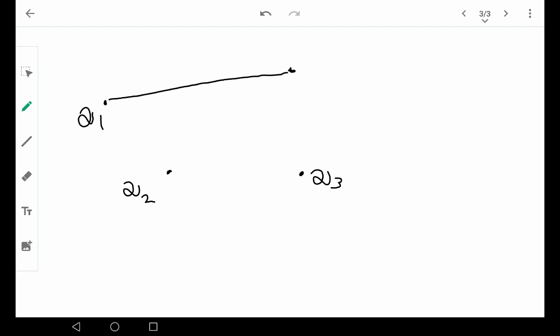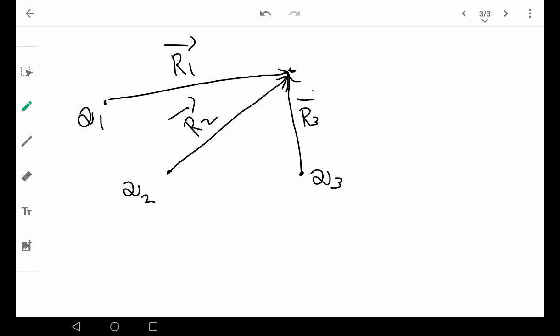So I will draw a line like this. This is R1, right? And I will draw another line like this, I will call that line R2 vector. And I can draw the third line like this, and call that vector R3, right? So the total electric field is due to all these three charges, right?